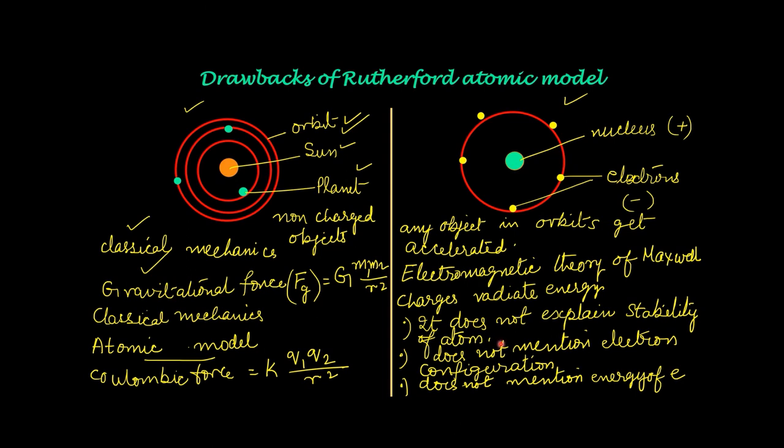So whether we consider electrons as moving or stationary, it cannot explain the stability of the atom. That point also is important. So we have discussed three important shortcomings of Rutherford's model.